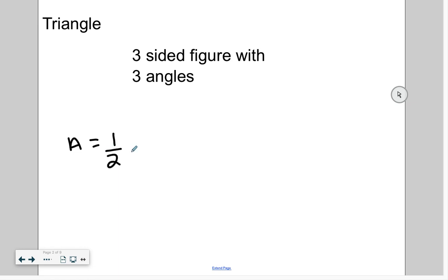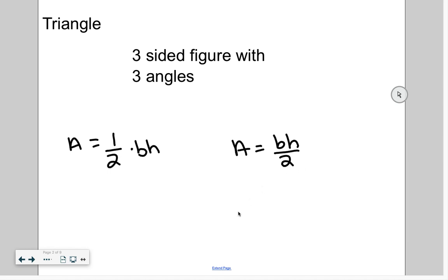The way I learned it is 1/2 times base times height. The way that y'all are used to seeing it represented is base times height divided by 2. Again, if you're more comfortable with this one, use this one. If you're more comfortable with the second one, use that. Whichever way you need to do to work the problem.